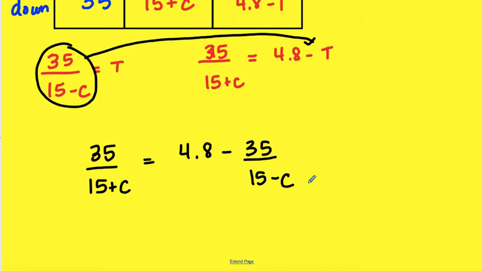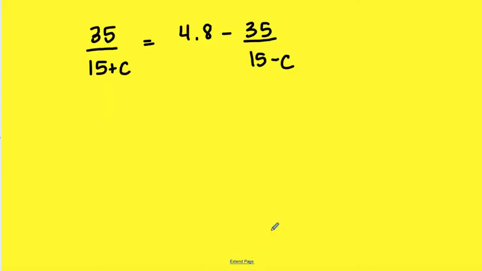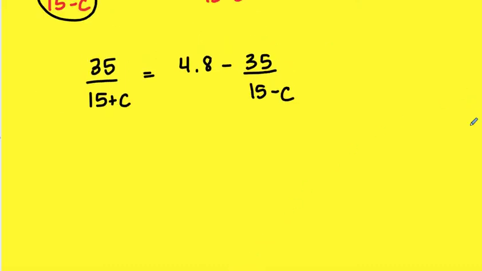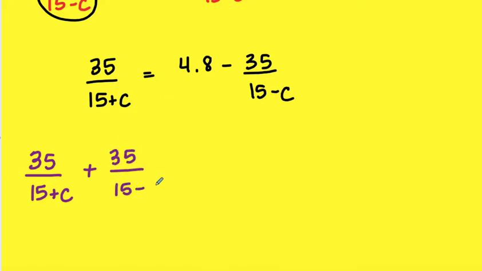Now, remember I said in the earlier video that some teachers will teach it where you add them up and they equal the total time. That is totally fine as well, okay? So you could do 35 over 15 plus C plus 35 over 15 minus C equals 4.8.